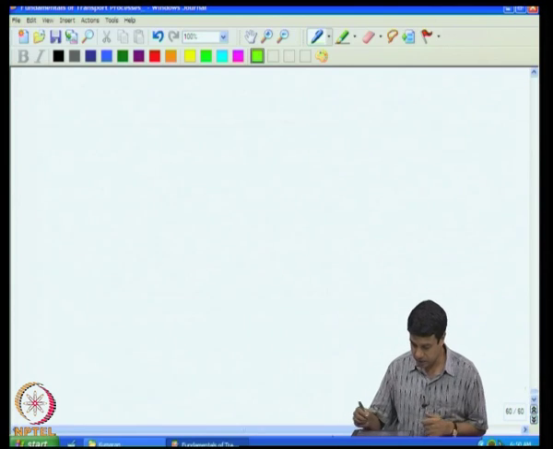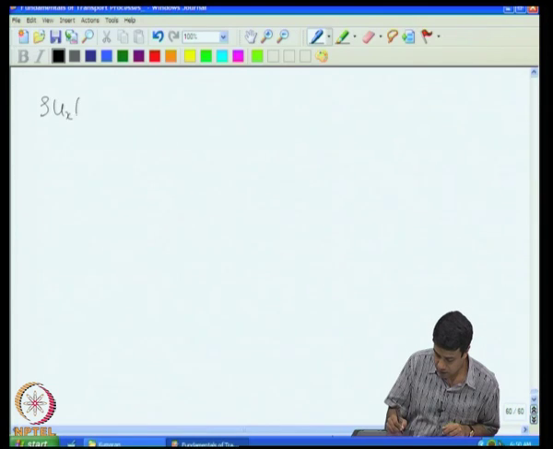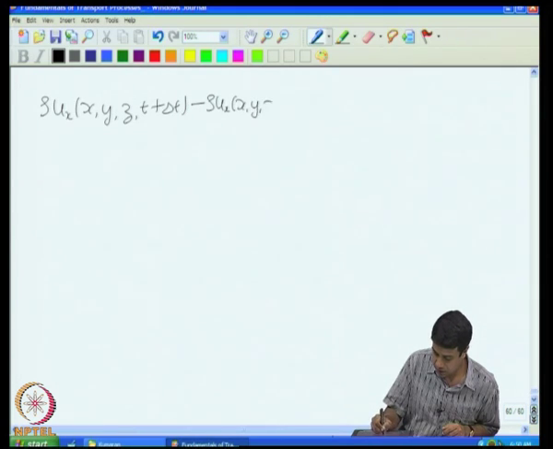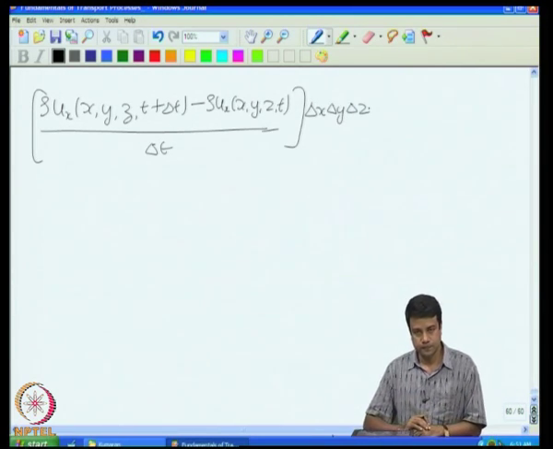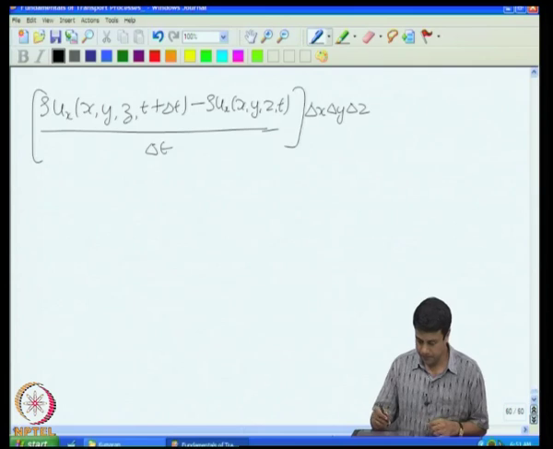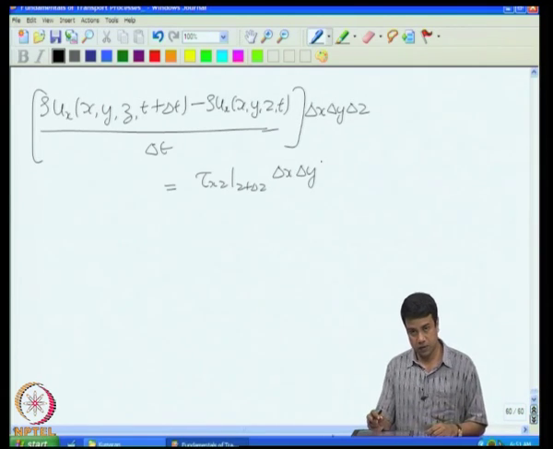So, we put all of that together. The rate of change of momentum, rho ux at x y z t plus delta t minus rho ux at x y z t, divided by delta t, into the volume delta x delta y delta z, has got to be equal to tau x z at z plus delta z times delta x delta y, the force on the top surface.